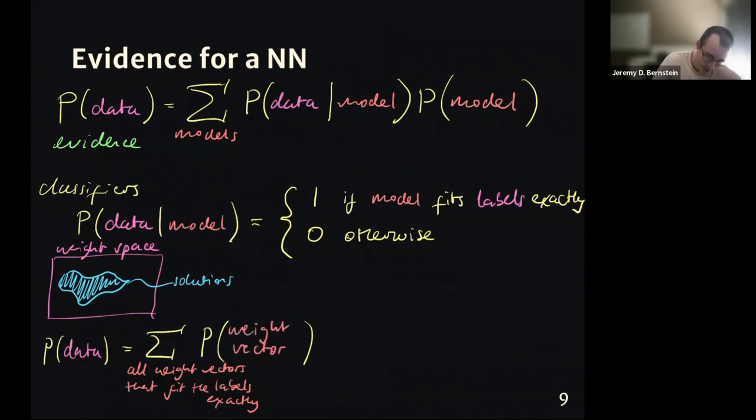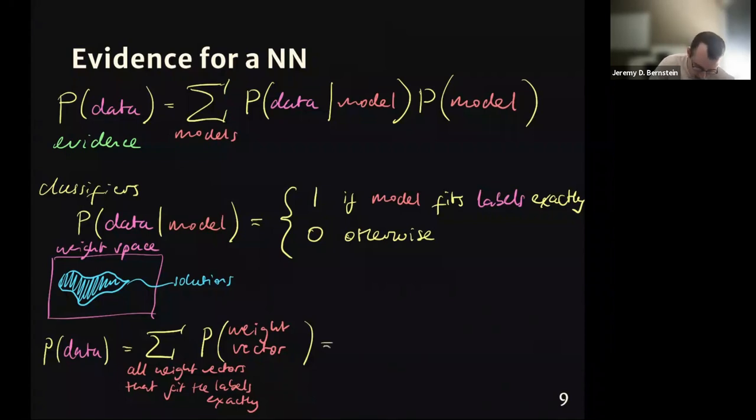So if you look at what this is summing, the prior probability of weight vectors that fit the training data, that's the total probability that I draw a weight vector from my prior on weight space and find that it fits the training data.